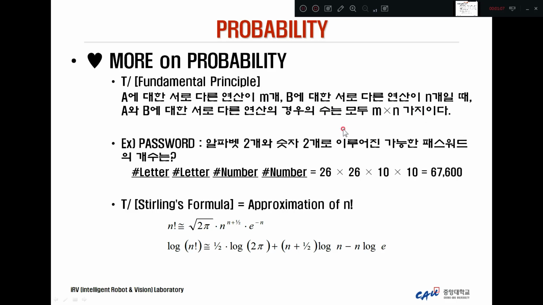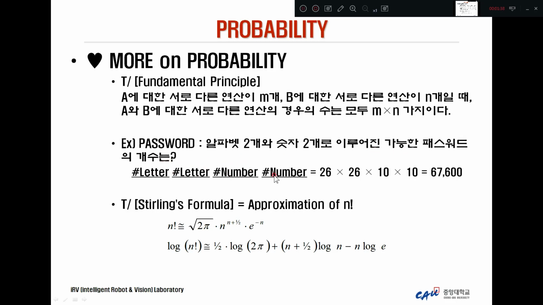For example, let's say I want to make a password for logging into some portal site. Then, for example, we have two alphabet and two numbers when you make your own password, and the order is preserved. So alphabet, number, number.